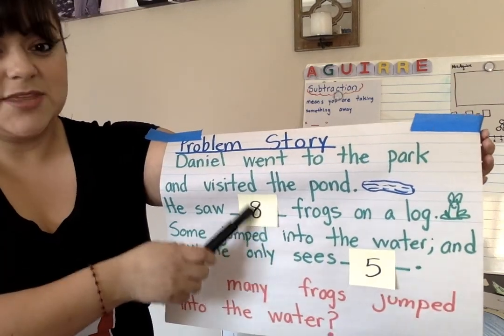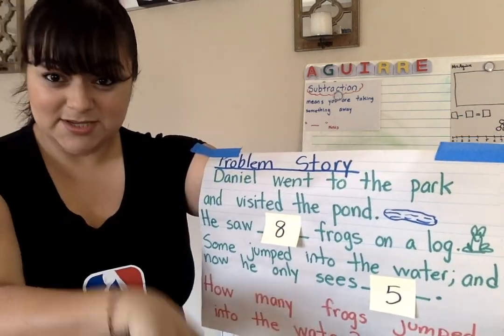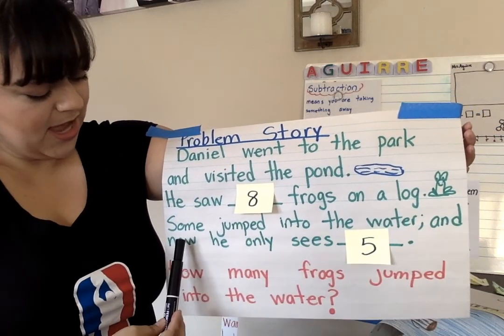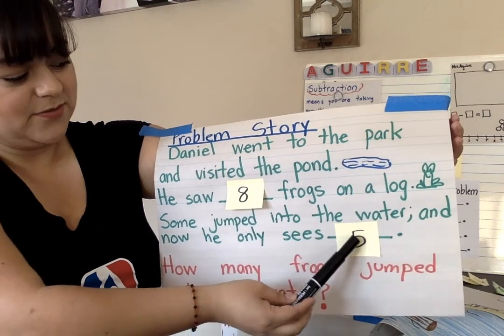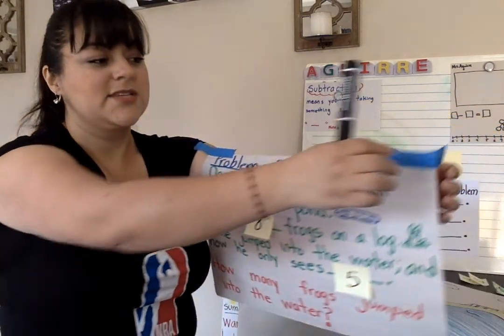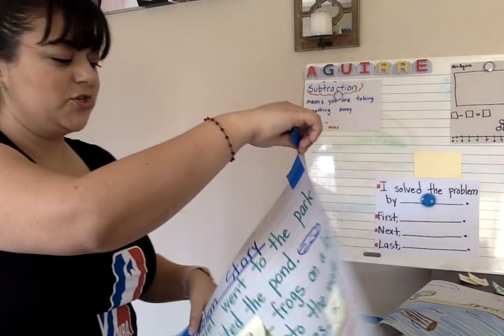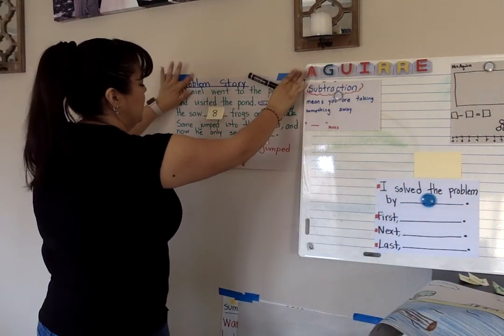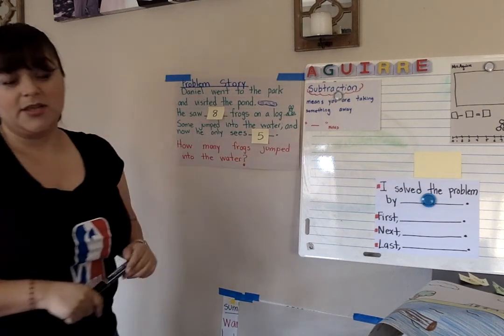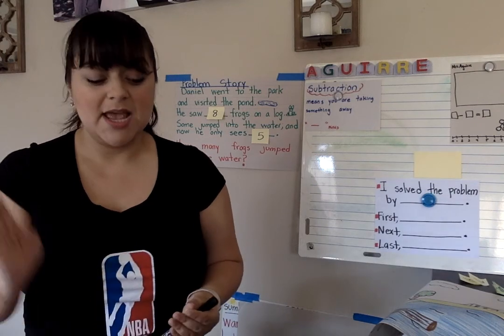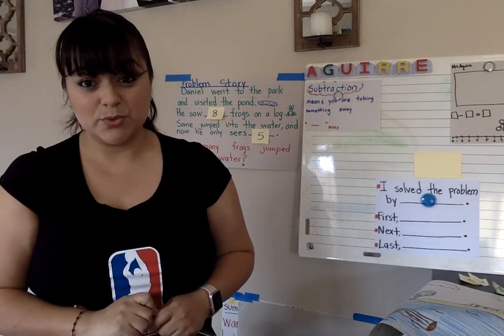So some of these 8 jumped into the water. And now he only sees 5 on the log. So how many jumped into the water? That is our question that we're solving for today. So how many of those 8 frogs jumped into the water?